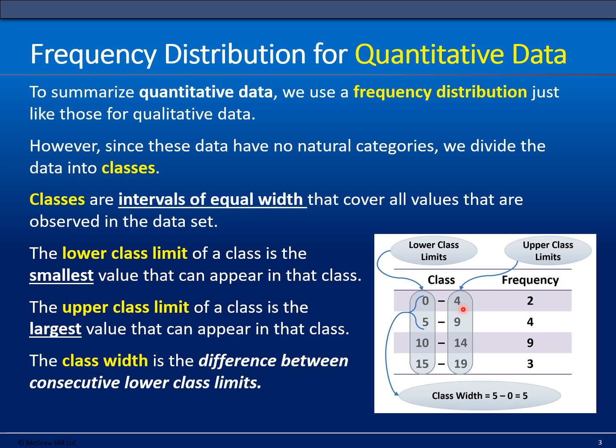You can always calculate the size of a class by subtracting the previous class's lower limit from the next, or 5 minus 0, or 10 minus 5, or 15 minus 10, and you can see that all of those are equal, and they should be equal. If you do that and they're not equal, you've got to rebuild your tool here to calculate your data.